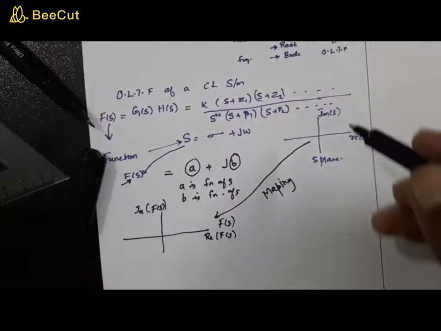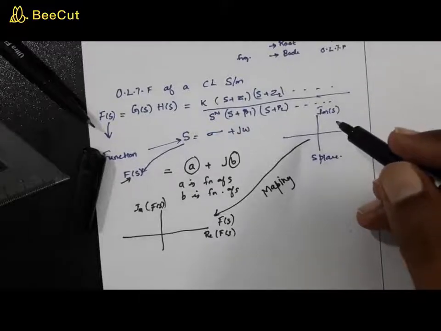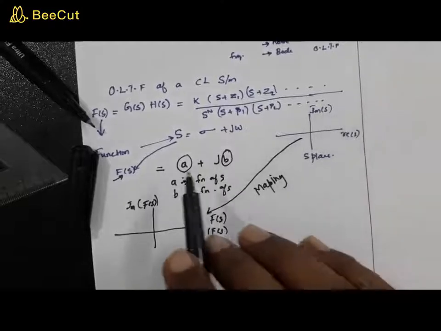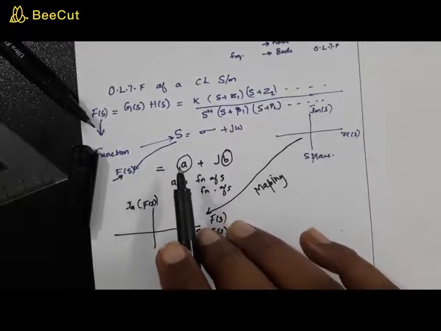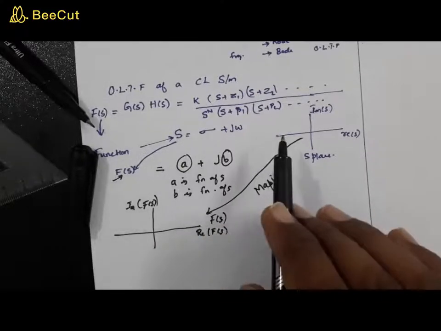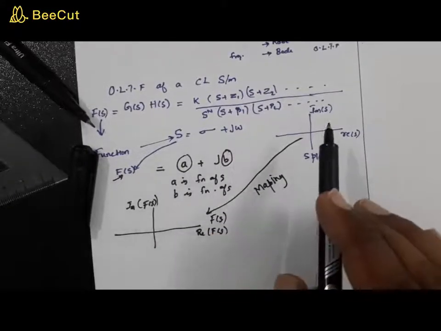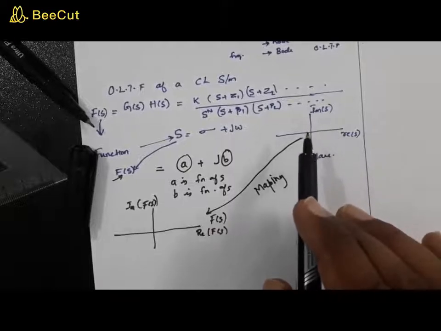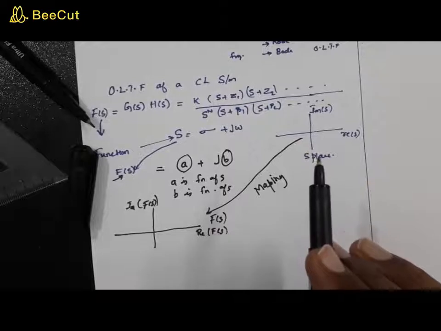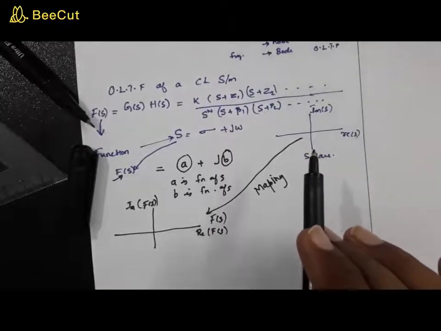Or you are trying to plot the s points, or it's a plane. As I told you, s is not a single point, s is a complex point. That means it will have a real axis and an imaginary axis. Therefore that is a plane, and that is called a point in the s plane.